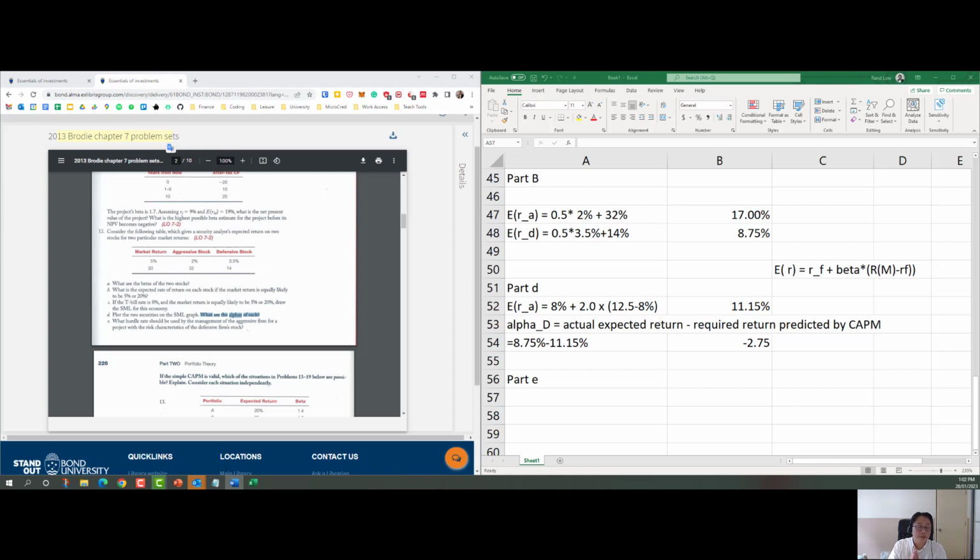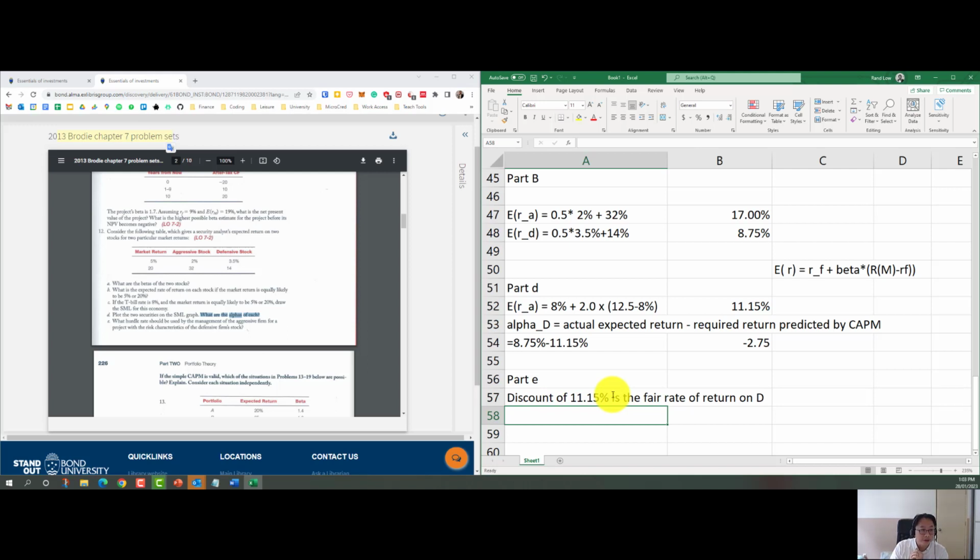I think we talked about in the lecture that when we talk about the beta of a firm, it's the beta of that firm for the financial security market, but not the risk of a project. So we should really be using a discount rate of 11.15%.